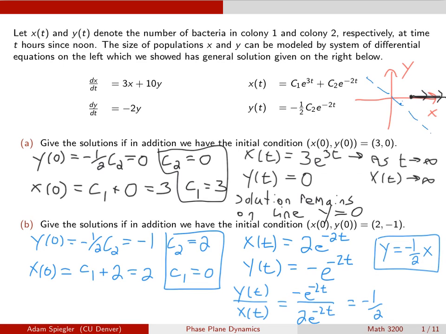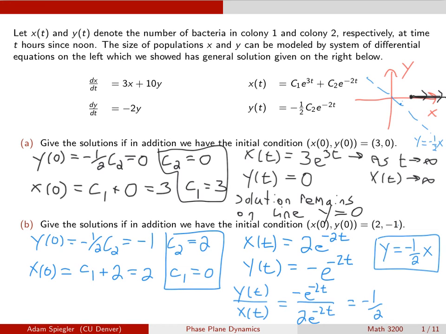It sits on this line, y is equal to minus 1/2 x. And what we just observed is that if I start on 2, minus 1, our solutions are always going to remain on that line. So that's the first important observation, that I know my solution is going to sit on this line through the origin.